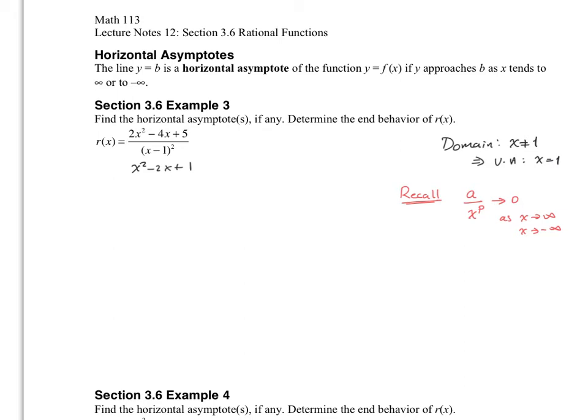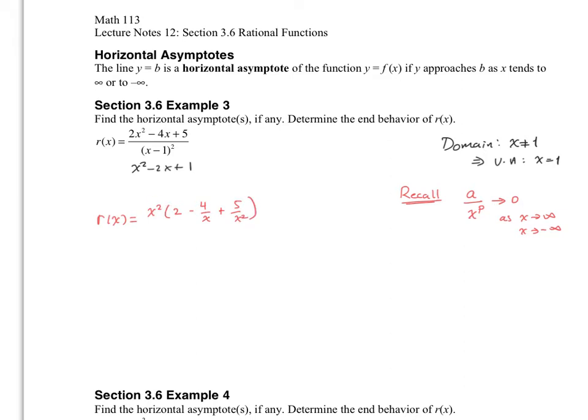Okay. So what you're going to do, and this type of factoring is going to be very, very useful in calculus, is factor the biggest exponent, which in this case is x squared on the top. So this will be x squared times 2 minus 4 over x plus 5 over x squared.